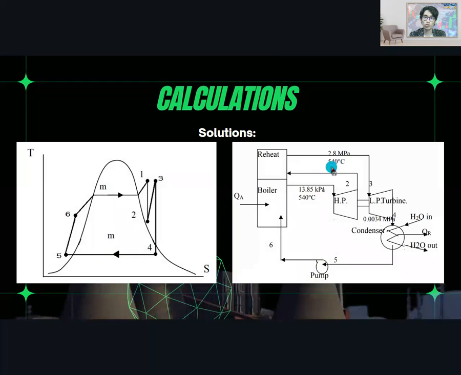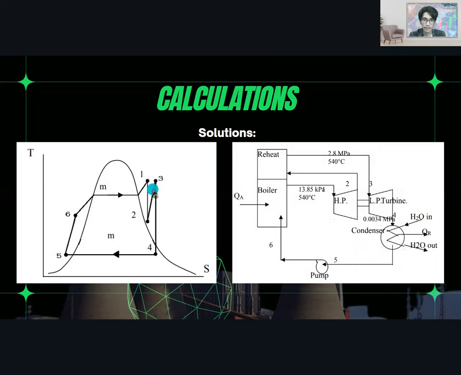After reheating, we have 2.8 megapascal at 540 degrees centigrade, which enters the low pressure turbine. Then it goes out to the condenser, which has a water inlet, heat rejection, and the water out. After that, it enters the pump, where the pump does work to raise the pressure again, and then it enters the boiler.